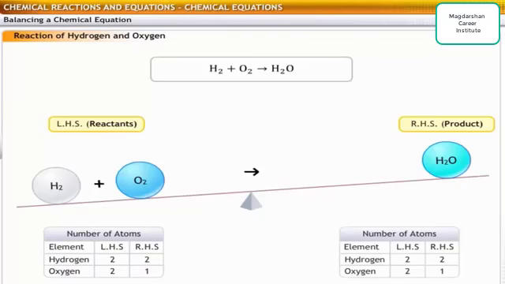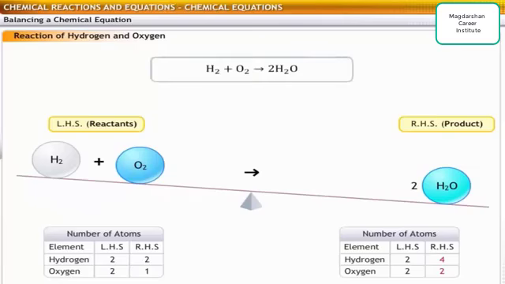Finally, in step 4, you change the coefficient of the molecules of the reactants or the products. To do this, you need to first select the oxygen atom and balance it by placing the coefficient 2 before the product H2O. Now there are 2 oxygen atoms on the reactant side and 2 on the product side.